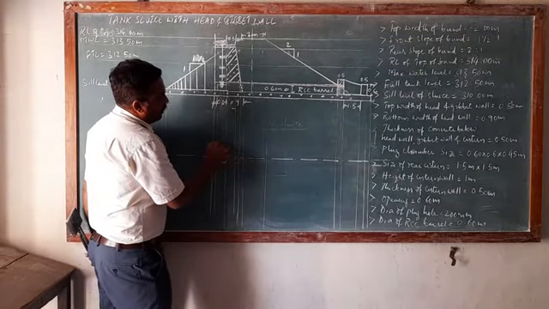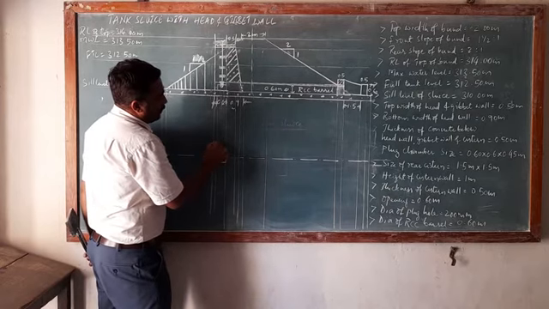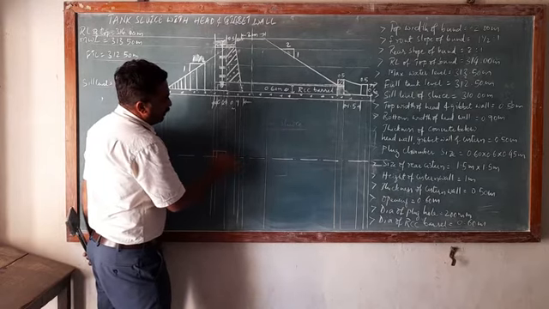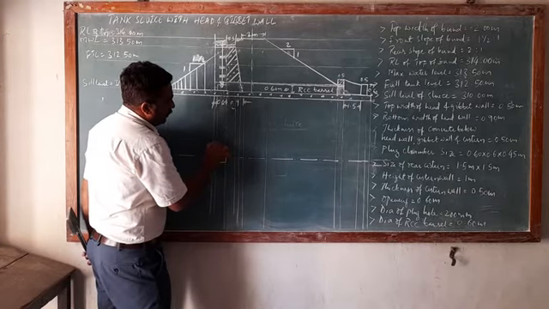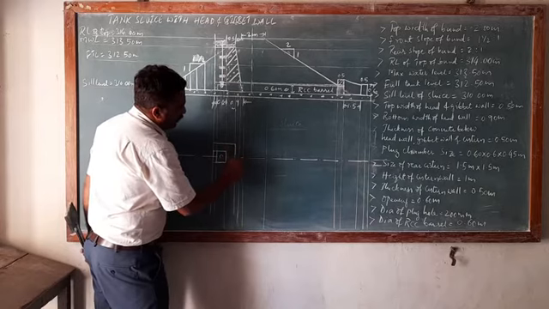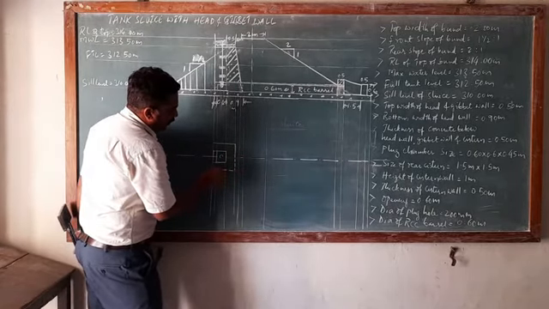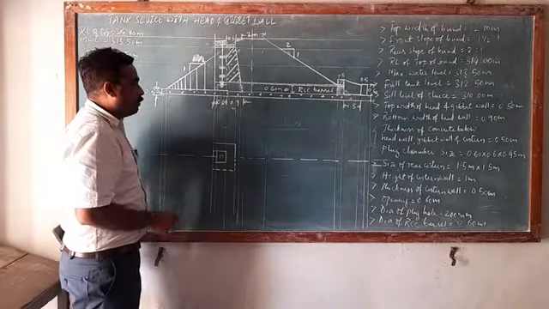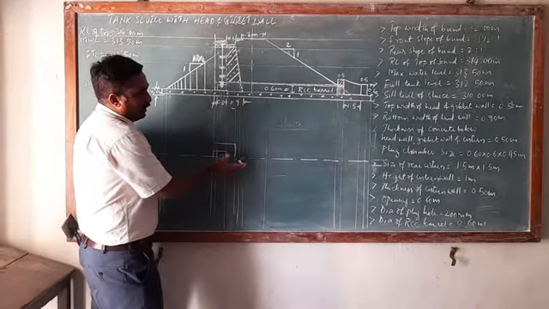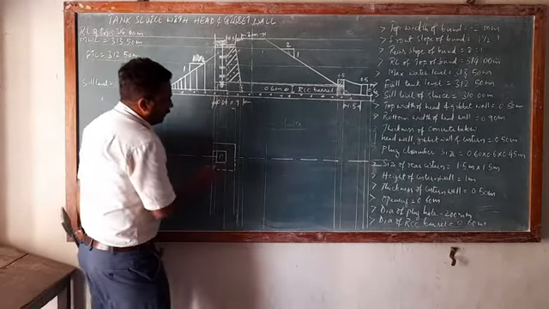Coming to the top width, for the gibbet wall the top width is given as 0.5, for the head wall also 0.5. So from here you take 0.5 meter and this is 0.5 meter. In the bottom plan I am going to draw with dotted lines, since the bottom width will not be visible in this portion, whereas from the top only the top width will be visible.